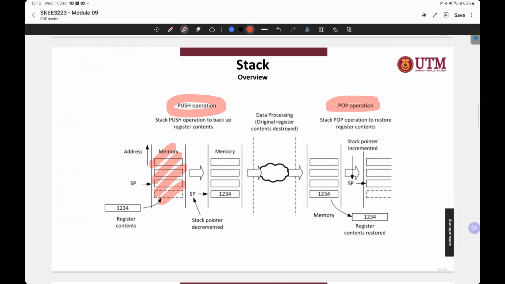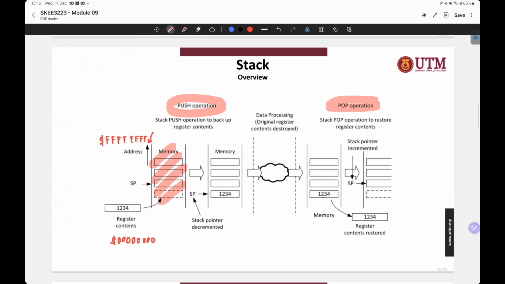Assume the highest address is at the top, as this arrow shows. I just put FFFFF as the highest address, and the bottom here is the lowest address.